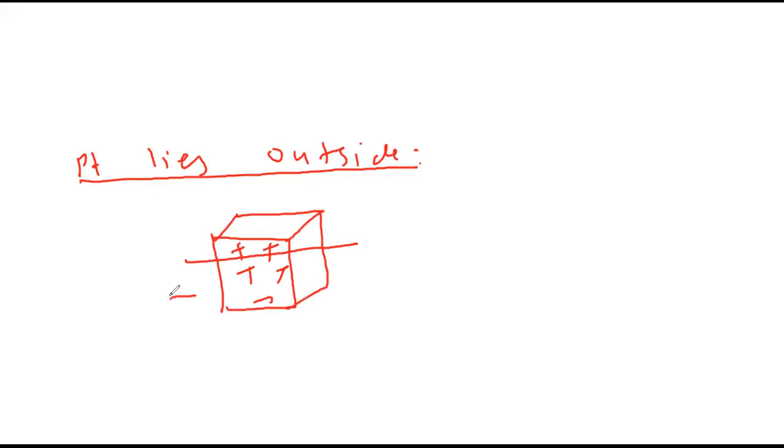Now if I draw Gaussian cylinder, then this will be intensity E bar. This is total thickness D, and from axis, this distance is x.